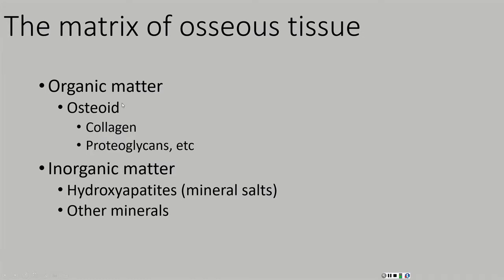The organic component, the organic matter, let's look at something called the osteoid. And the osteoid really is all of the organic matter collectively. Osteoid, by definition, is the non-mineral part of the bone matrix.